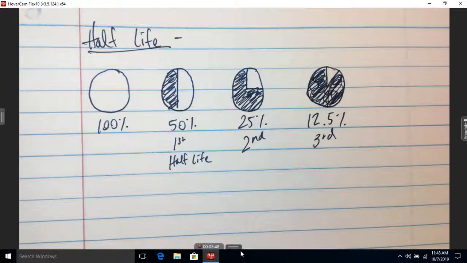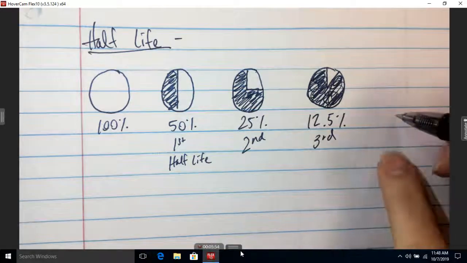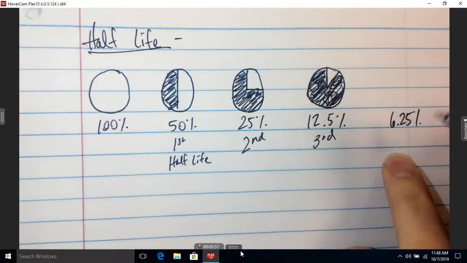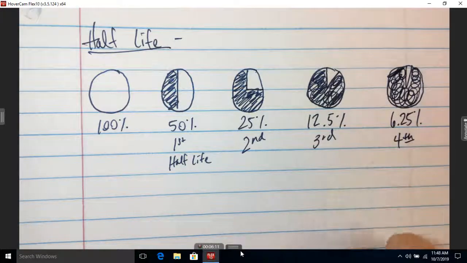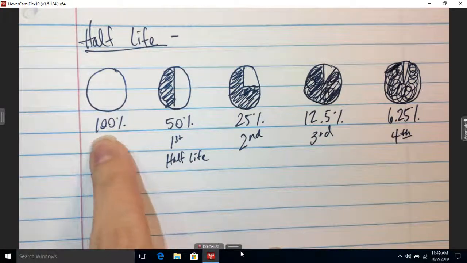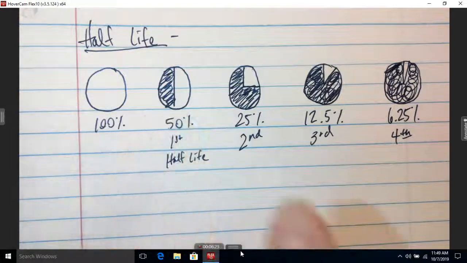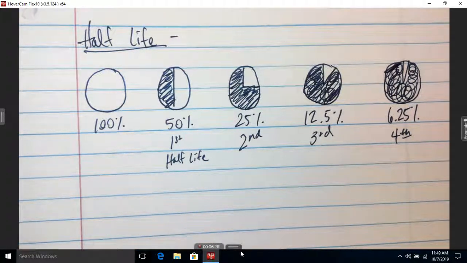What's my next half-life? 6.25% remaining. It's the fourth half-life. So you start with this, divide by 2, divide by 2, divide by 2, divide by 2, divide by 2, and you just keep on dividing by 2.